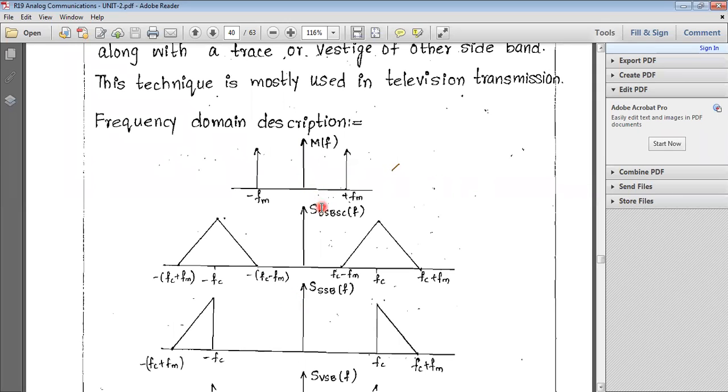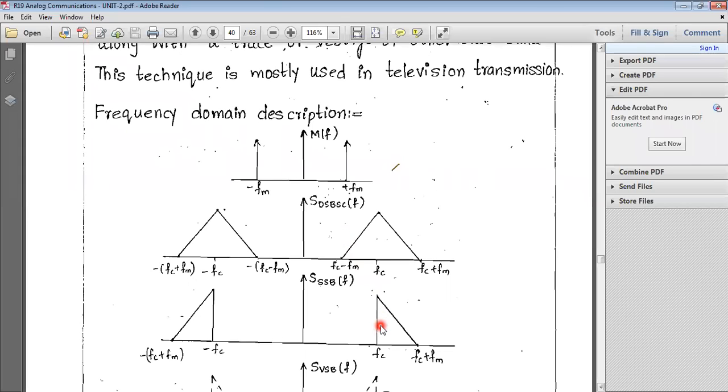This is frequency. If you take the message signal M of F, this is the upper sideband and this is the lower sideband. Coming to double sideband with suppressed carrier, as you already know, suppressed carrier means there is no carrier FC. So it becomes FC plus FM and FC minus FM. This is the spectrum for DSB-SC.